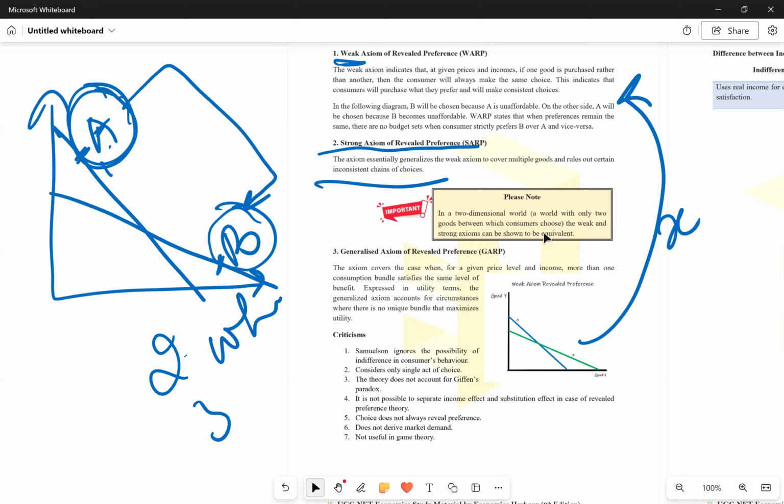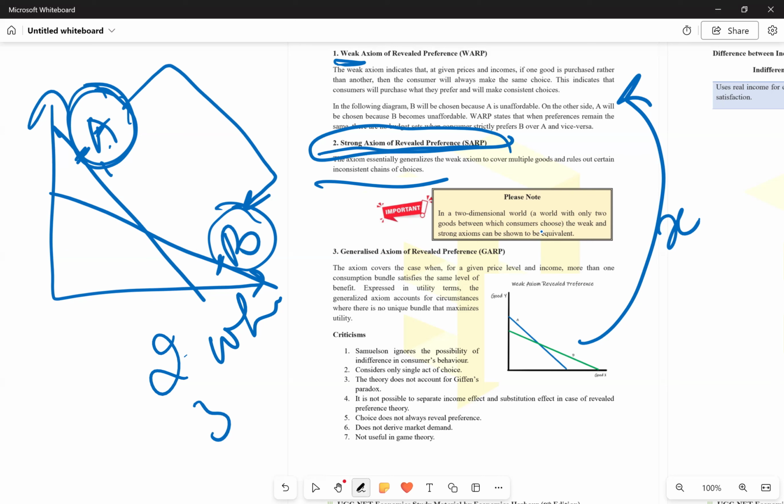The strong axiom of revealed preference says that whatever is not needed is already struck out, and that will never be chosen. I can never see myself buying a three-wheeler, buying an auto. So that choice, I will not even look at it. That choice is always struck out. Okay, so this is what your strong axiom of revealed preference states.